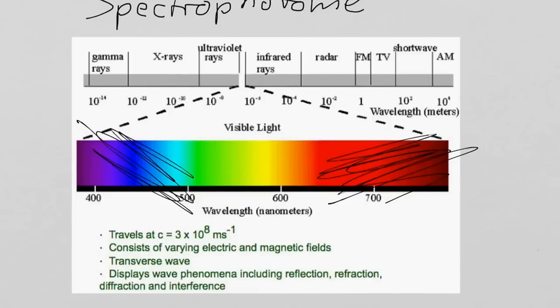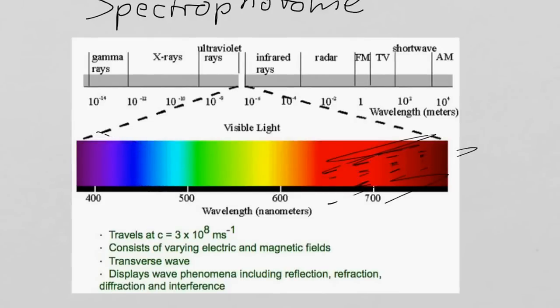Make sense? Why do the leaves turn red in autumn? Indian summer. Why do they turn red? Any ideas? Sorry? It's less chlorophyll. Exactly.